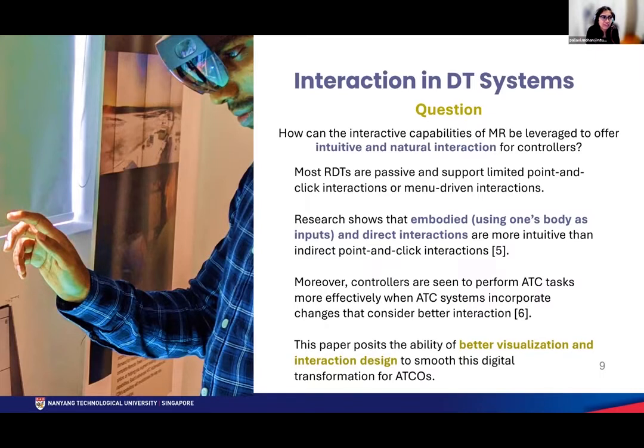We also see that controllers do perform ATC tasks more effectively when such systems incorporate changes that consider better interaction design. So keeping all this in mind, this research further considers how better visualization options and better interaction design can ease this digital transformation for air traffic controllers and help gain their acceptance in using such a novel platform, apart from the many other advantages that it offers.